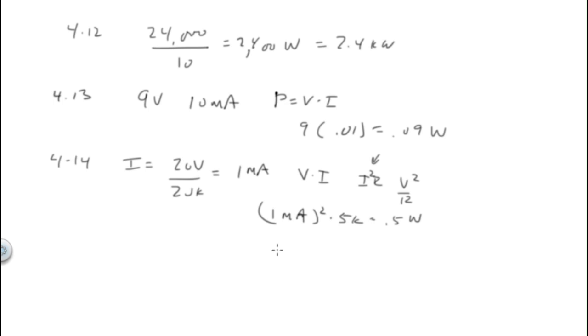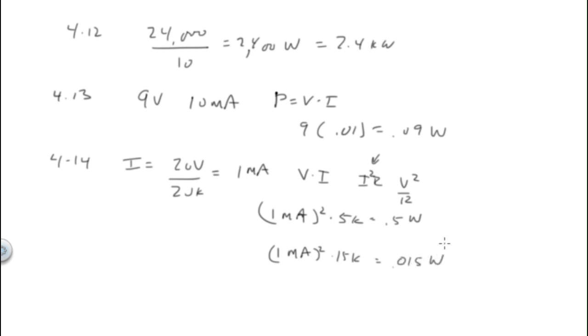For the 15K, it's 1 milliamp quantity squared times 15K. What does that equal? I bet it's 1.5, but let's just do it. It's 0.001 quantity squared times 15 with 3 zeros. That's 0.015 watts.